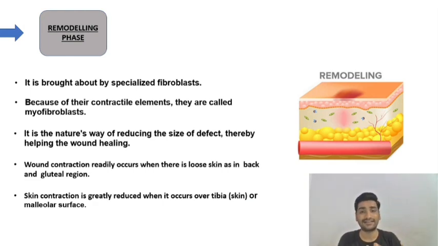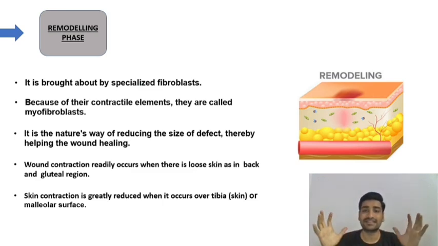So wound contraction occurs when there is loose skin. In your body there are places where the skin over any anatomical part is loose. Like in your gluteal region, the skin is loose, whereas in your legs, over the shin of your tibia, if you see the front part of your legs, the skin is very much tight, right? So the contraction will also be less, but the area where the skin is loose enough, there will be more contraction.